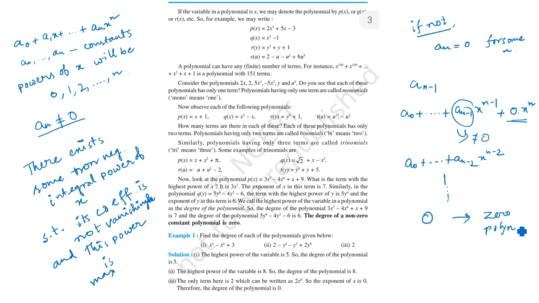We have specified its name. In general, a polynomial is not a zero polynomial, so there exists some power of x, that can be x to the power 0 or x to the power 1 or x to the power n, whose coefficient is non-zero, and that power of x is highest.